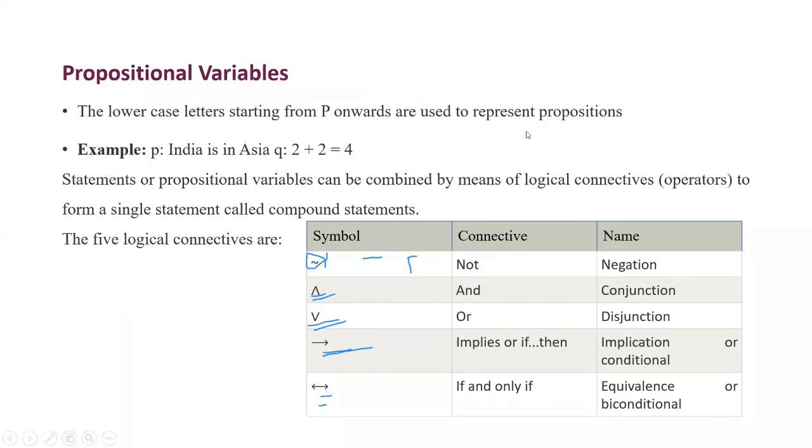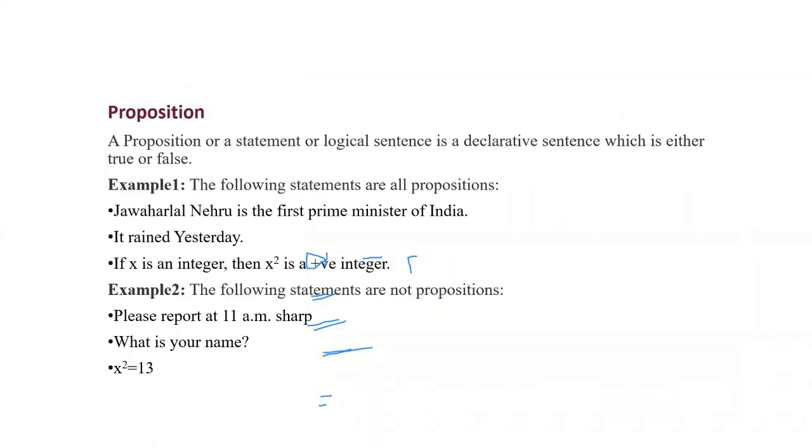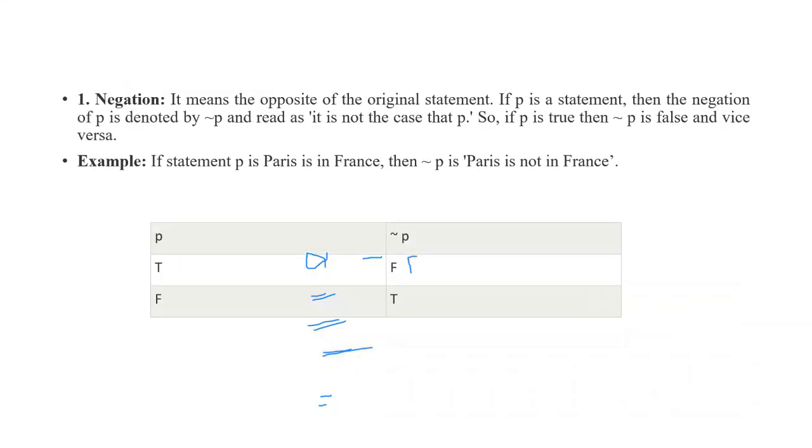Next, the negation. The first logical connective is negation. It means the opposite of the original statement. If P is a statement, the negation of P is denoted by negation P, and it is read as 'it is not the case that P'.